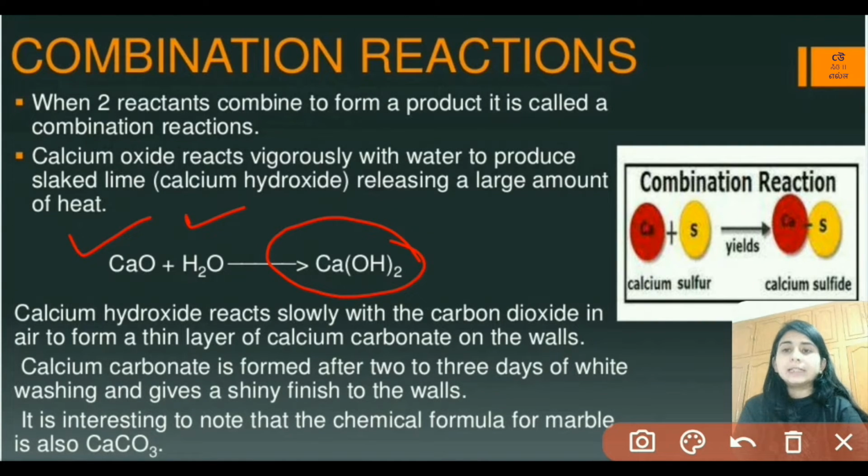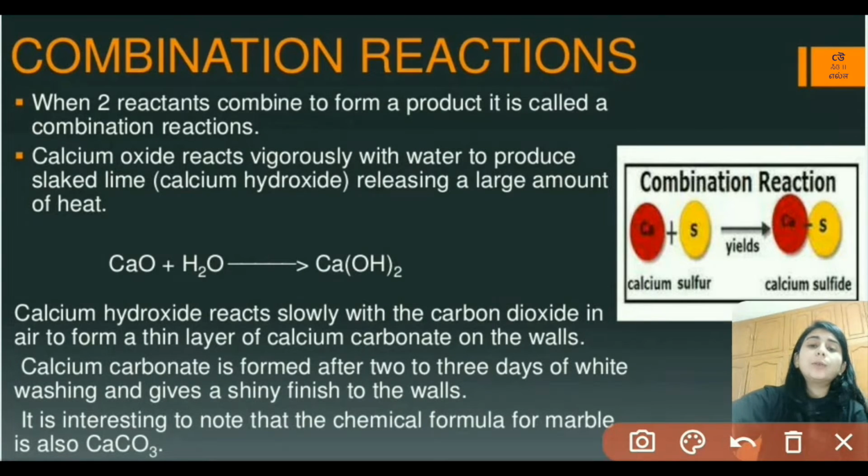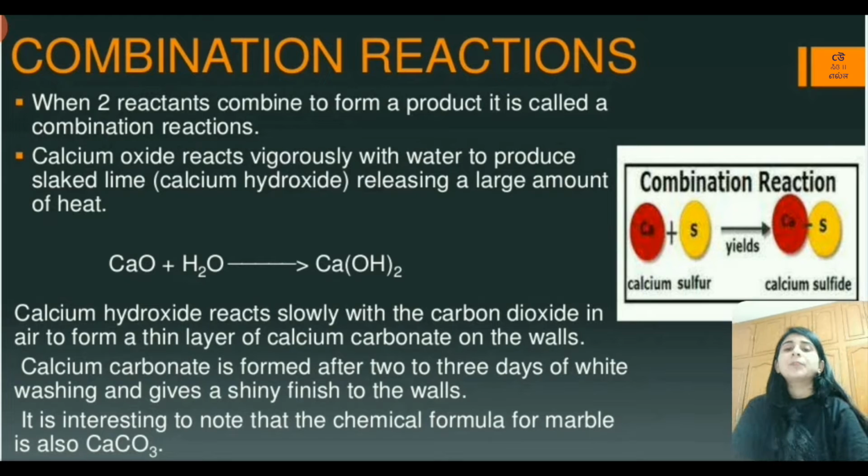Calcium carbonate is formed after 2 to 3 days of white washing and gives a shiny finish to the wall. It is quite interesting to know that the chemical formula for marble is also CaCO3, which is also the molecular formula of calcium carbonate. So students, this was all about combination reaction.